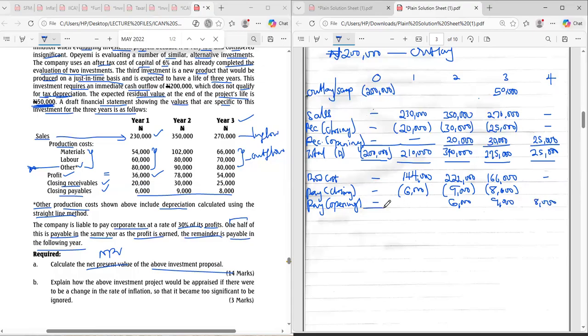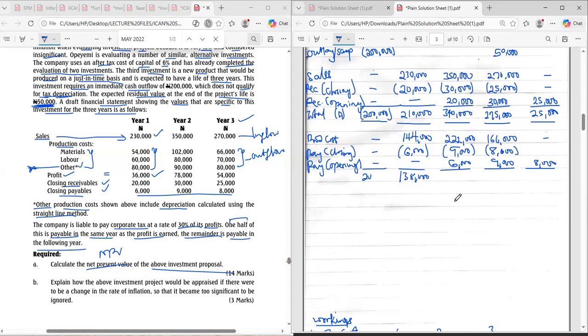Ladies and gentlemen, I'm glad to tell you that you can now give me figures. Give me figure from production cost. 138,000. The next one is what? The second one, 219. How are you getting 138? You're only doing from production cost down.